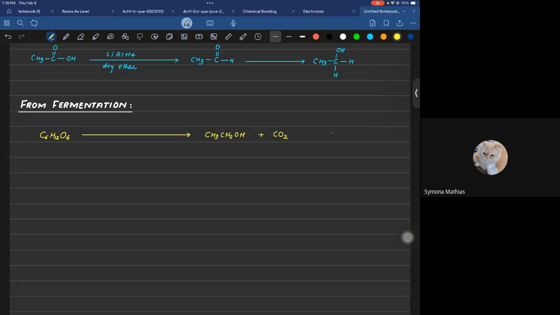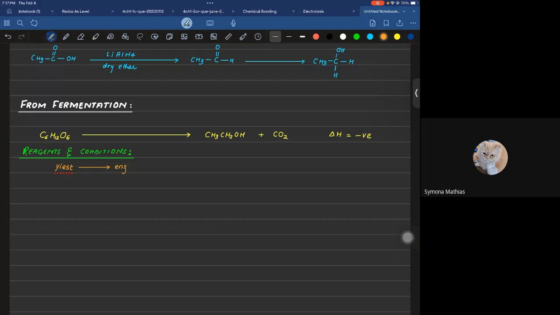Okay, and remember, this reaction is exothermic. So what are the reagents and conditions? So number one, you should take yeast, which is an enzyme.